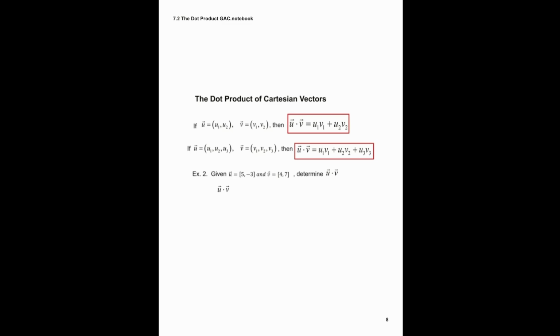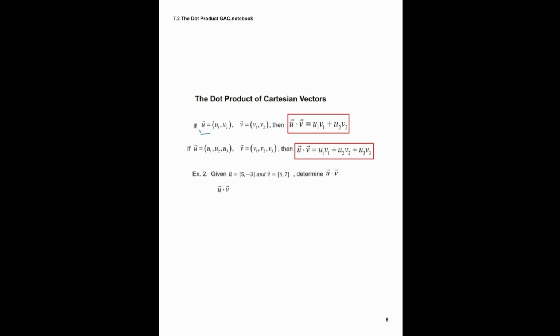In this form, the dot product is easy to find because we know the x and y components of each vector. To find the dot product of two vectors and get the scalar product, all we have to do is multiply the x components plus the product of the y components. So what does this look like?